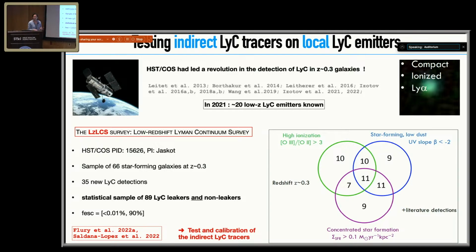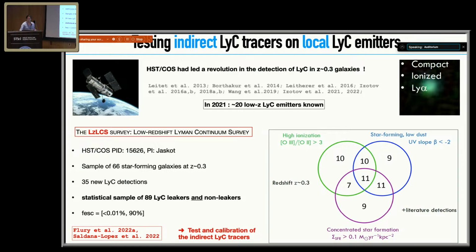With this, we have, for the first time, a statistical sample of Lyman continuum leakers and non-leakers to really test and calibrate indirect Lyman continuum tracers, but also to understand how Lyman continuum photons escape such galaxies.